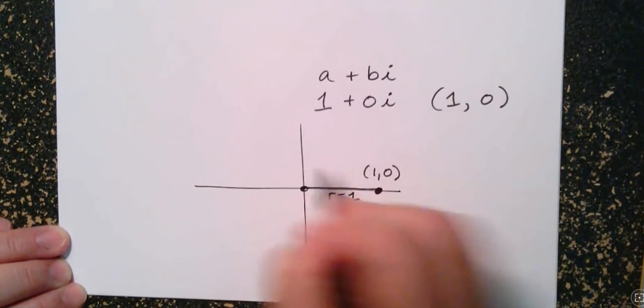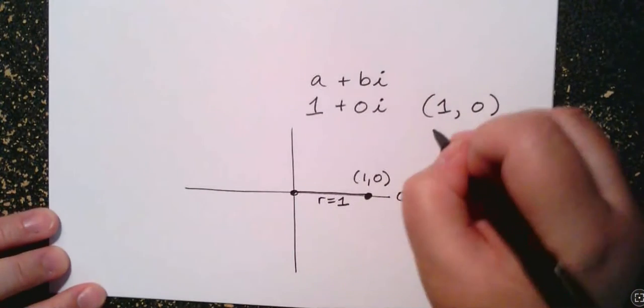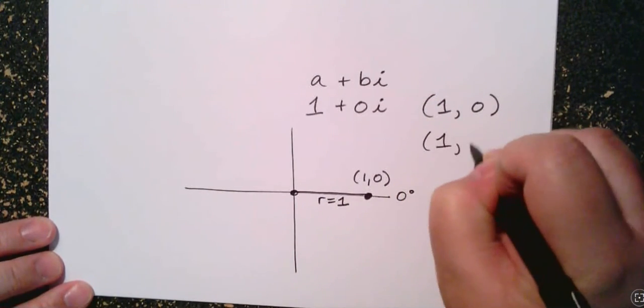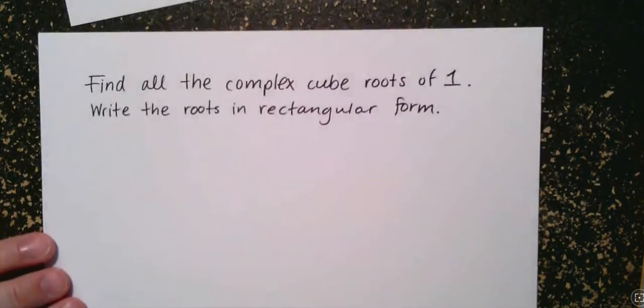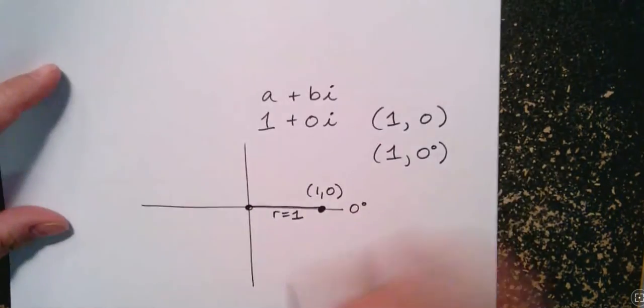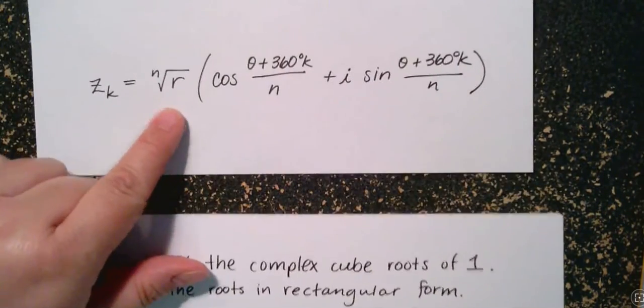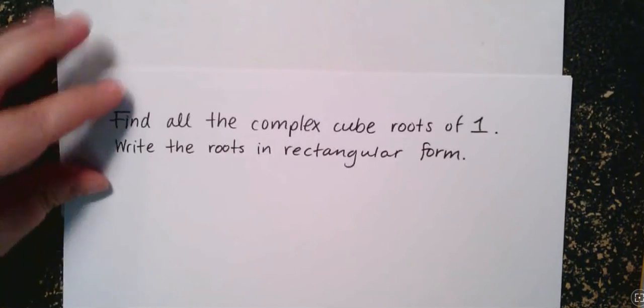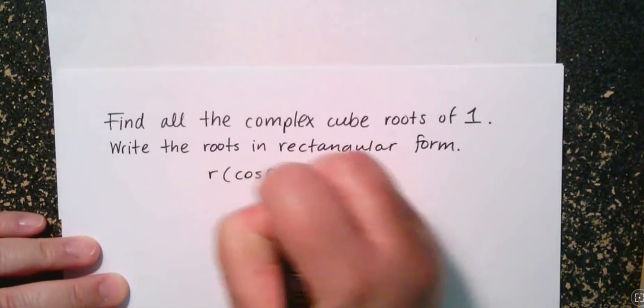Theta, well, we start here for theta. So theta is 0 here. So this point is still 1, 0. It's like 0 degrees if we're going to do it in degrees. So that's what we've got here. Now remember, this is R, this is theta, and the way the problems we've been writing are polar form is like this.